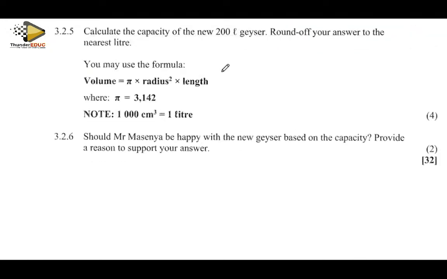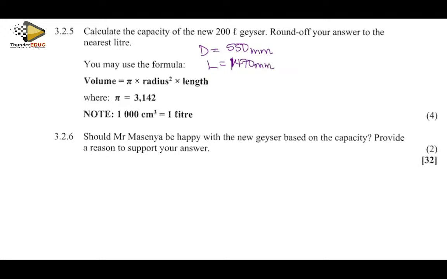Calculate the capacity of the new 200-liter geyser. Round off your answer to the nearest liter. So remember the new geyser, they have given us the diameter as 550 millimeters, and its length is given as 1,470 millimeters also.